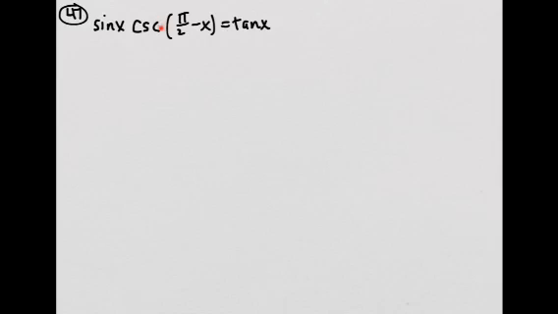They have an x right here, so just get rid of it and write it like this. I'm going to bring down the sine x and multiply it by the cofunction of cosecant, which is secant, x. So sine x times secant x is sine x times 1 over cosine x, which is sine over cosine, which is tangent.